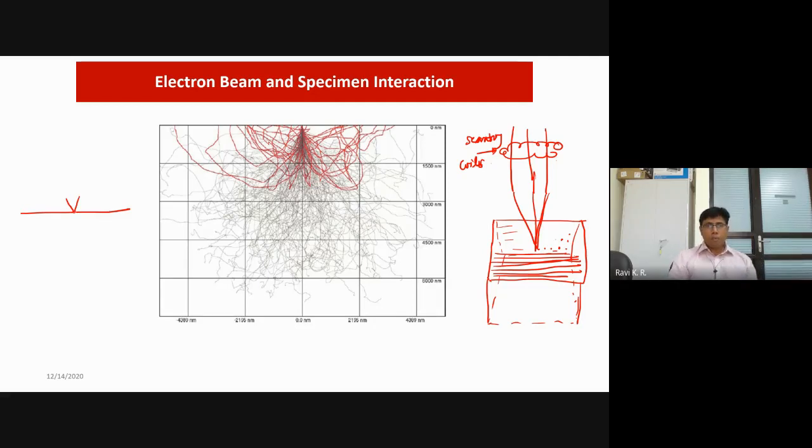Now, the sample interacts, and from this location we are getting the signal. So this is your incoming beam.